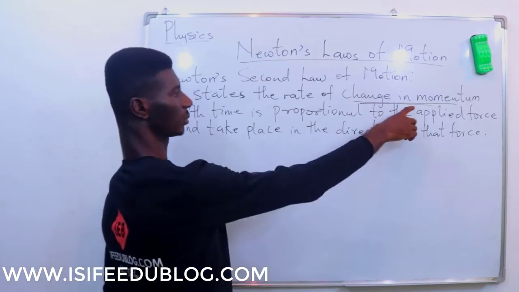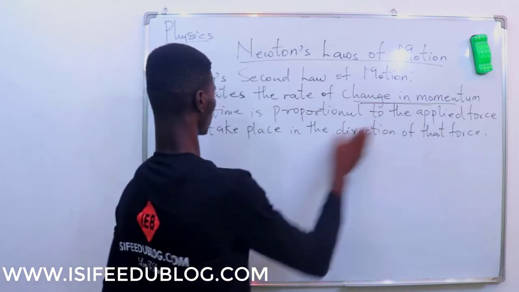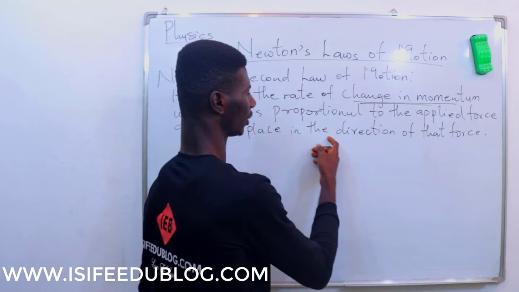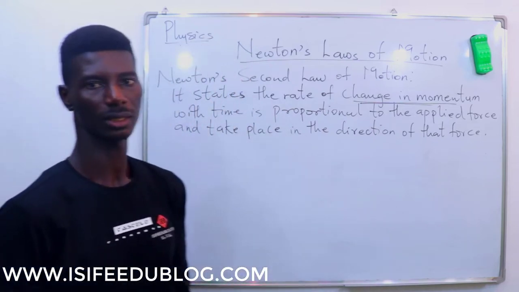So the rate of change of momentum is directly proportional to the applied force, and it also takes place in the direction of the force. That is Newton's second law.